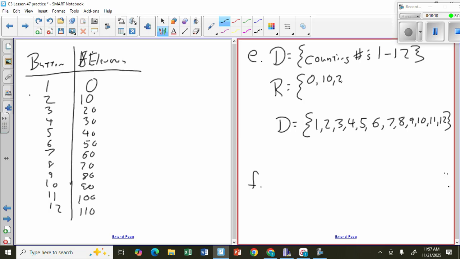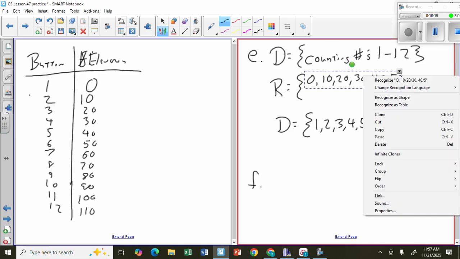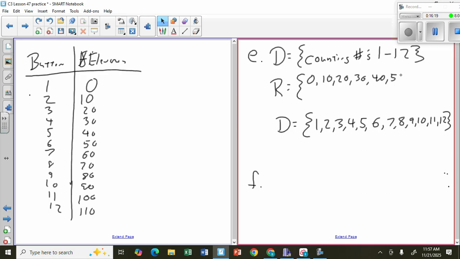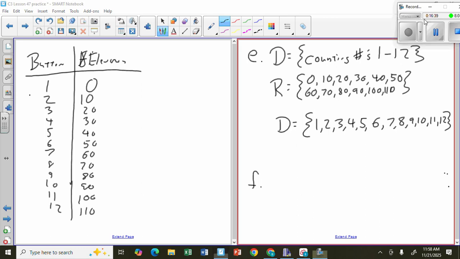So 0, 10, 20, 30, 40, 50, and go ahead and keep going. 60, 70, 80, 90, 100, 110. And that would be my range. Even though the book doesn't ask it, it's good to know. So that takes us to the last question.